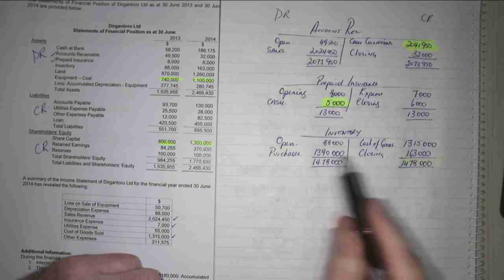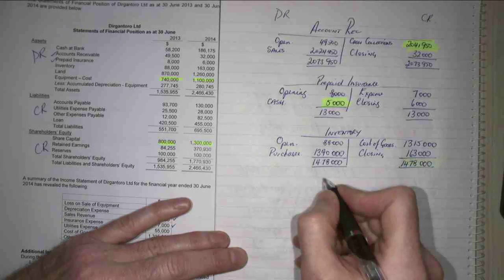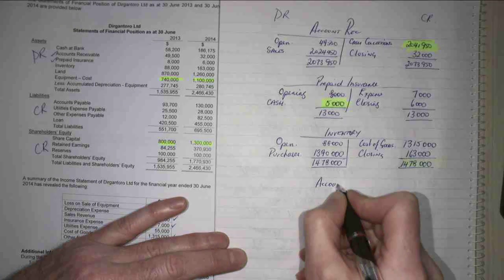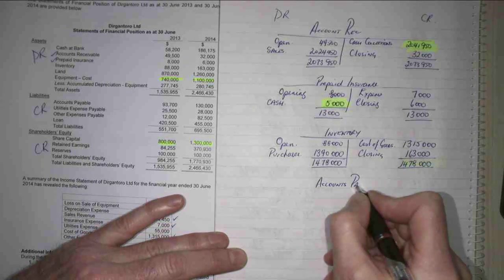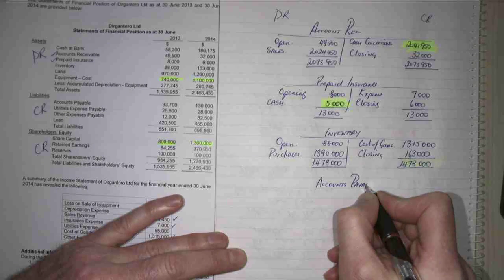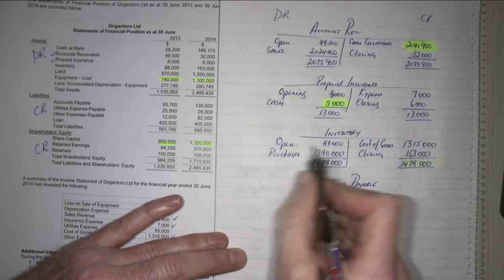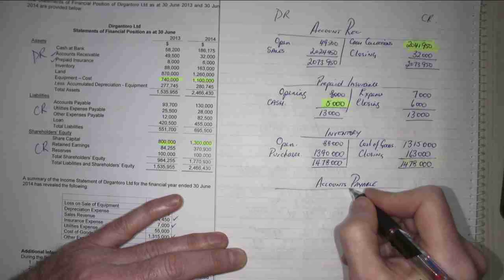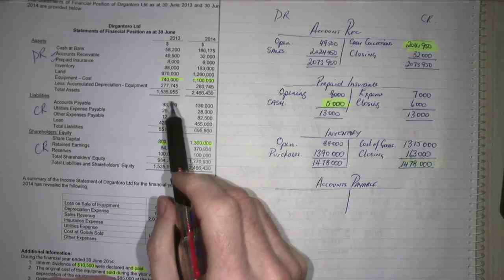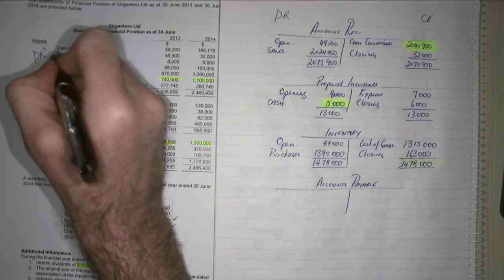Now, I haven't got a cash item in there, but I use that to build my accounts payable, because my accounts payable is where this purchases number helps me balance. So I'll tick off my inventory because that's now done.